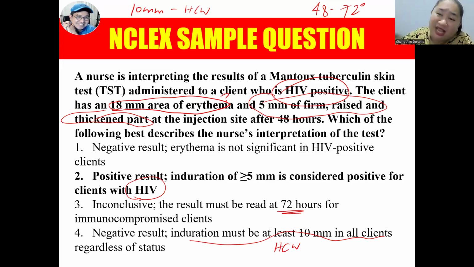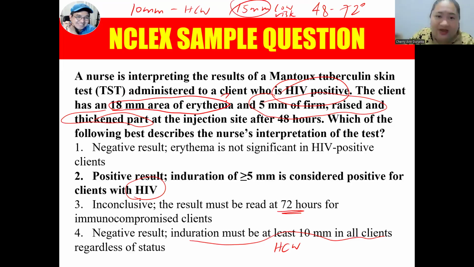If you're an immigrant, let's say you're coming from the Philippines and you're going to the US, a 10 millimeter induration is considered positive already. But for low risk individuals, a 15 millimeter induration is your positive. So this is for low risk.